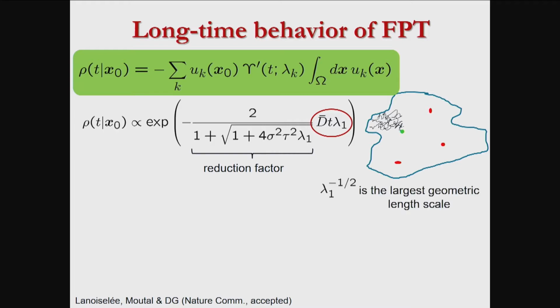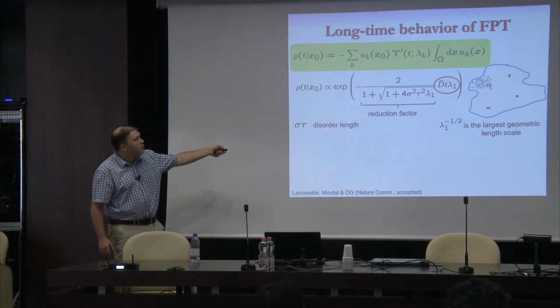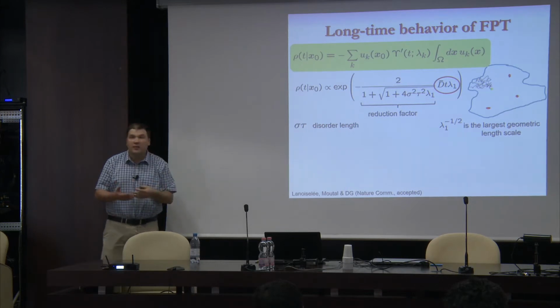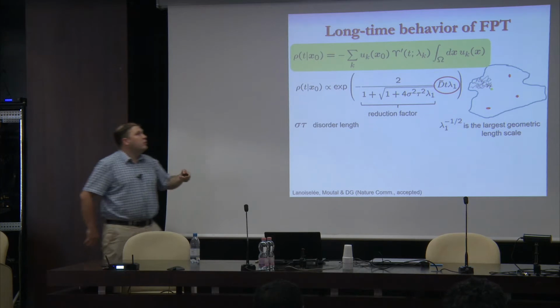First, if you take the smallest eigenvalue to the power of 1 over square root, then it would give you the largest length scale of your problem, the geometric length scale. On the other hand, this product is homogeneous to a length and can be interpreted as a disorder length scale. So that's the parameter of the rearrangements.